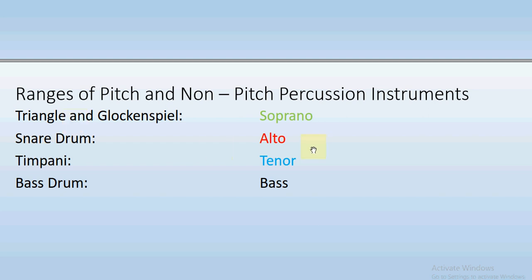Then the snare drum is in the middle, sort of in the alto range, and the timpani is in the tenor range. Basically, the timpani produces pitched notes. And the bass drum is obviously down low.